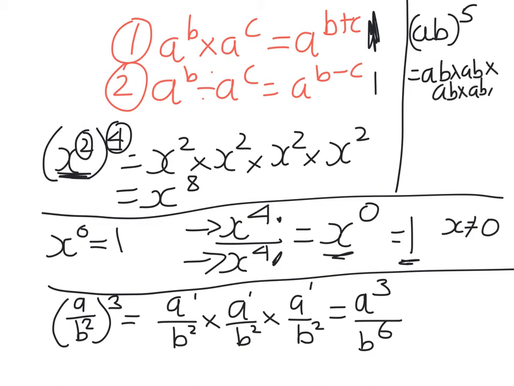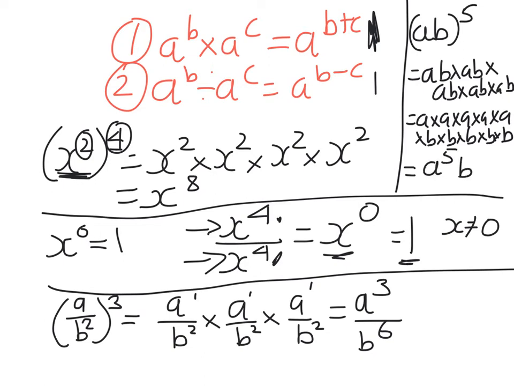But of course, I can rewrite this, because it doesn't matter the order in which I multiply, as A times itself 5 times, B times itself 5 times. And of course, by definition, and also using the first index law, all the a's together make up a to the power of 5, all the b's together make b to the power of 5. And it would work if I changed the powers here of a and b.